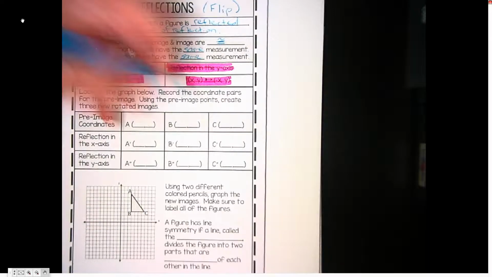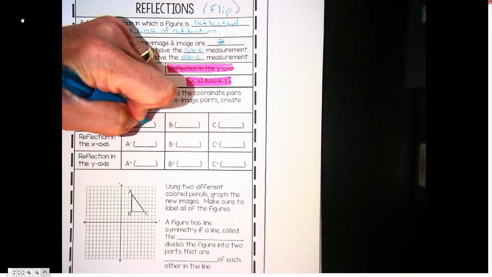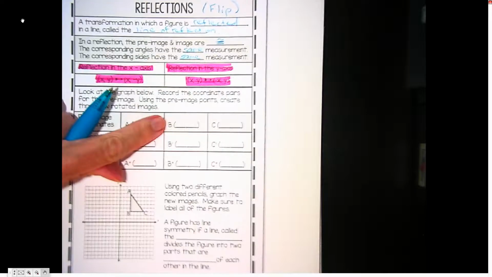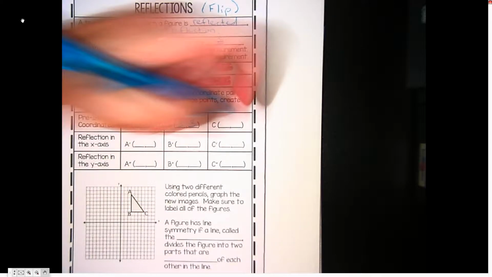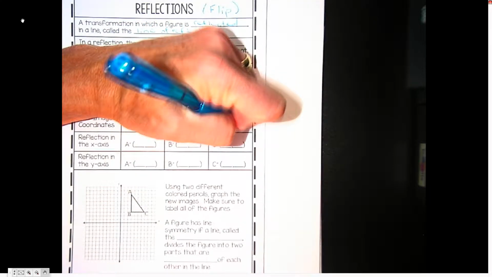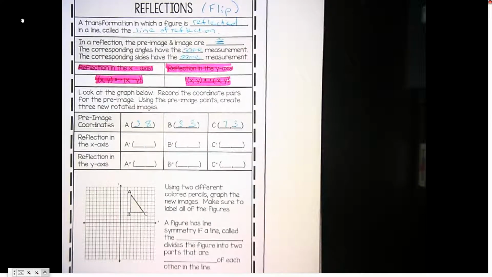So it's going to be 3, 8. And my B is going to be over 3, and it looks like it's up 3, so 3, 3. And C is going to be over 1, 2, 3, 4, 5, 6, 7. So over 7, and it looks like up 3. Okay, so there's our coordinates that we're going to start out with.